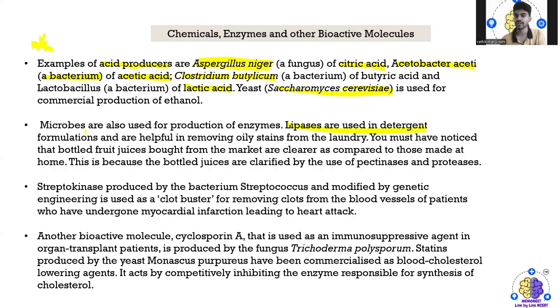This is because we normally use pectinase and protease in the bottled juices. Then streptokinase, produced by the bacterium Streptococcus and genetically modified using genetic engineering, is used as a clot buster for removing clots from the blood vessels of patients who have undergone myocardial infarction leading to heart attack.